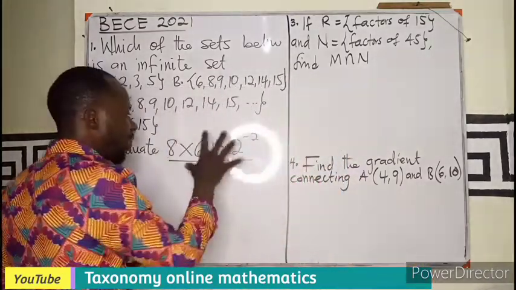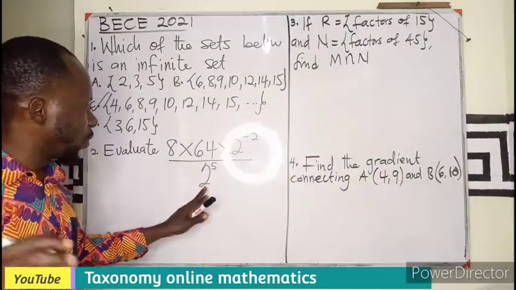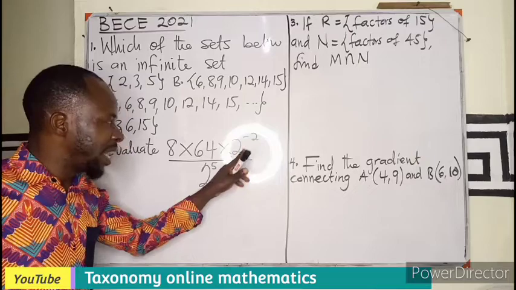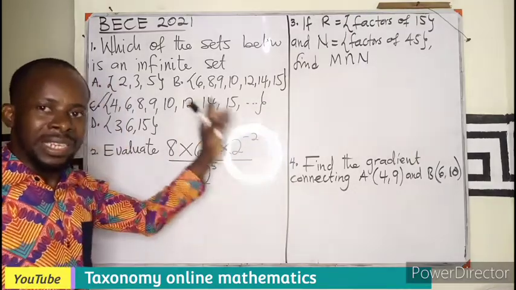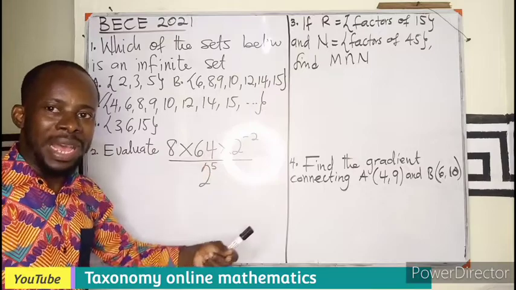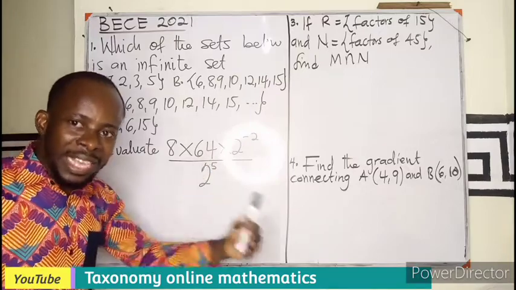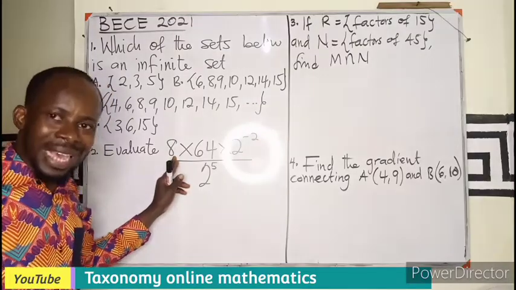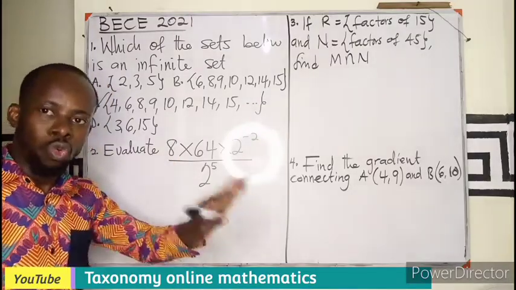Here we have to evaluate. This is because we are seeing a base and an exponent, so it means that this is on indices. So we have to try our best to break 64 and 8 into base 2.